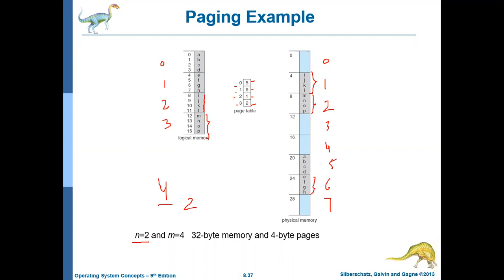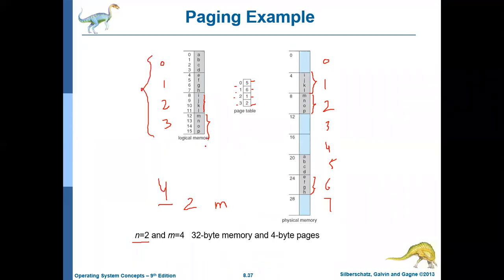So n is 2 bits. m means the total number of bits that are required for an address. How many bits will be required for storing the pages?